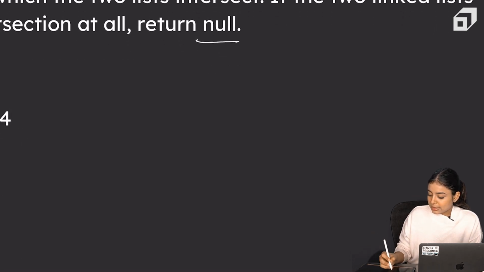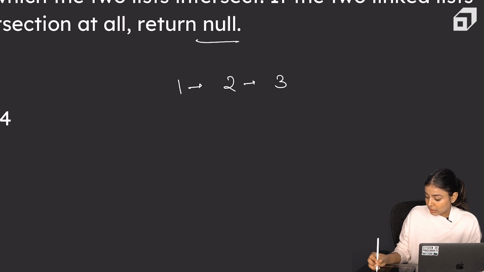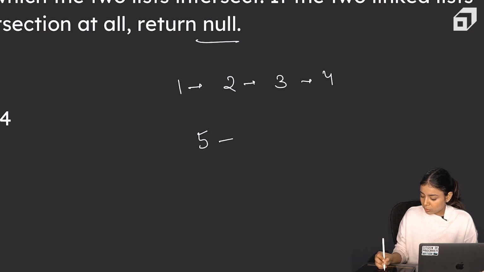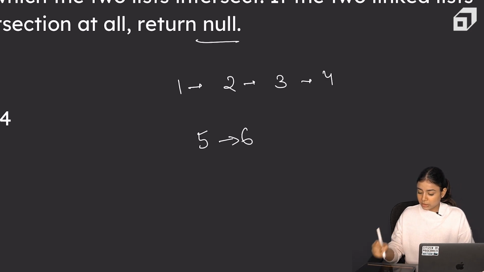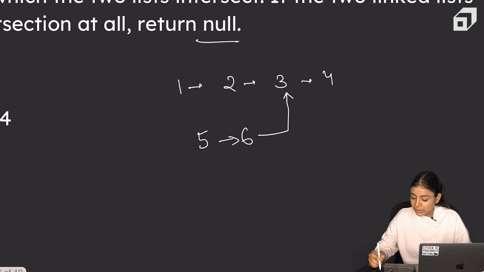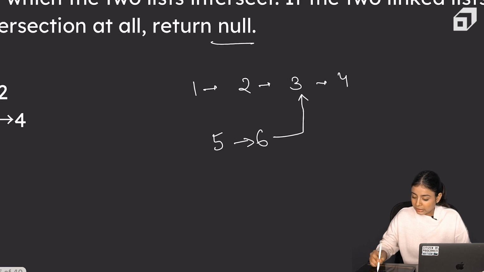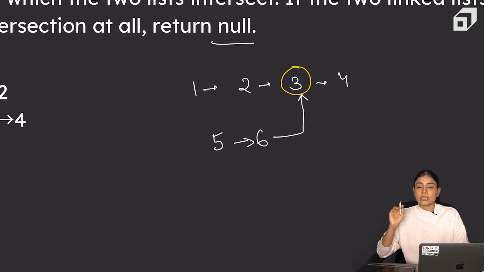First of all, let's understand how these two linked lists could be intersecting each other. So I could have a linked list with these 4 nodes, and I can then have another linked list where 6 next is pointing to 3. So now here 3 is the intersection point for these two linked lists, right?